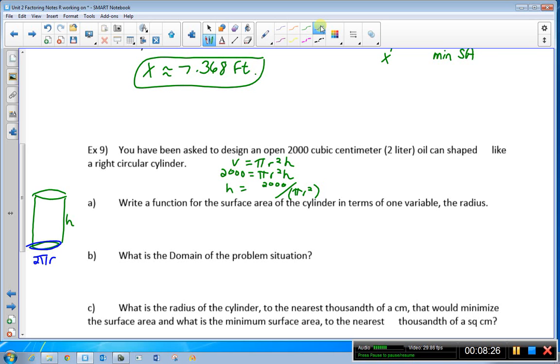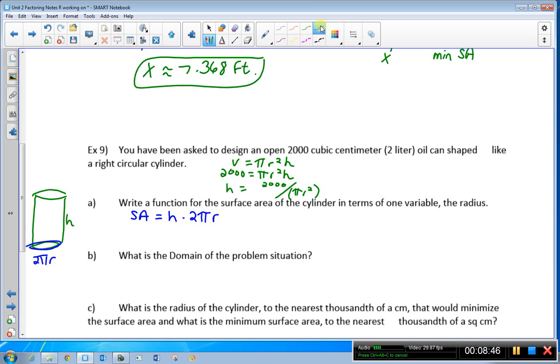So I need the length times the width. And one of them is the height. Okay, so surface area is the height, that one for sure. But then to figure out that width, that unraveled is really just the circumference of the circle. So it's times 2 pi r.